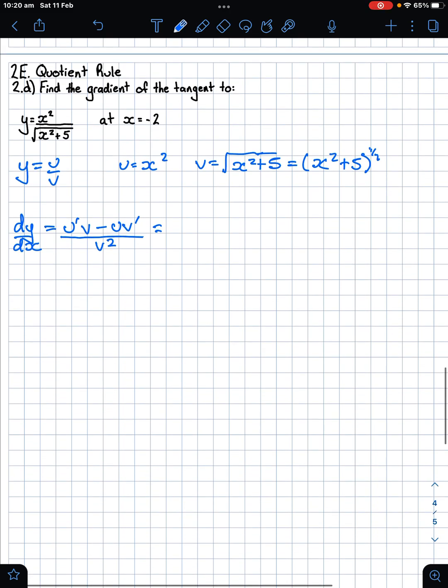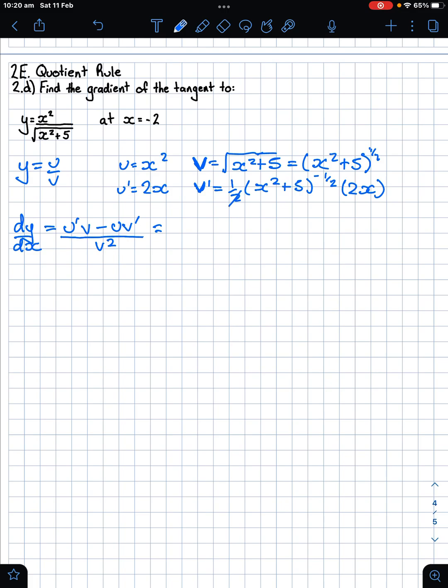So we need the derivative of u, so u dash here will be 2x, and v dash, which we're also going to need, sorry, my u's and v's are not looking different enough, is going to be half x squared plus 5 to the negative half, times 2x.